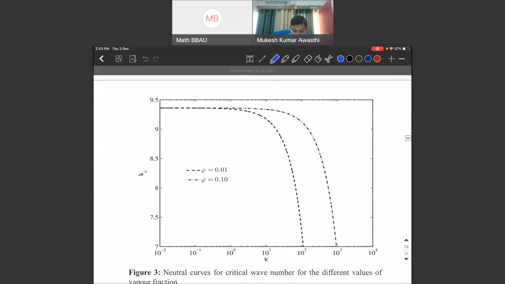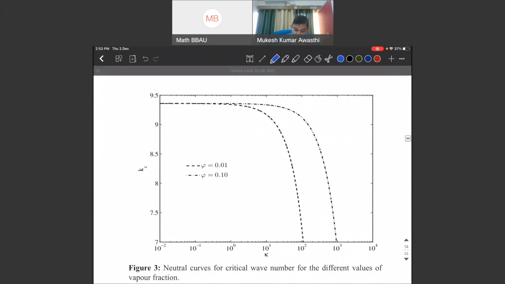Now, vapor fraction is studied in this figure. Here we can see that this is the stable region, and we see that this is for 0.01 and this is 0.1. So if the vapor fraction increases, the stable region decreases, means vapor fraction has destabilizing effect.